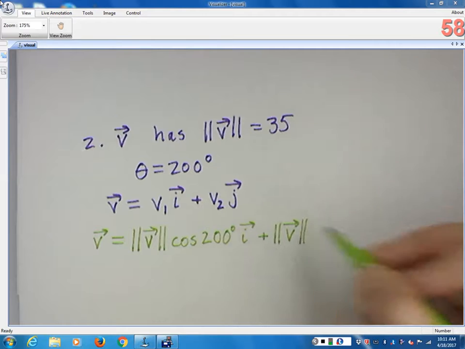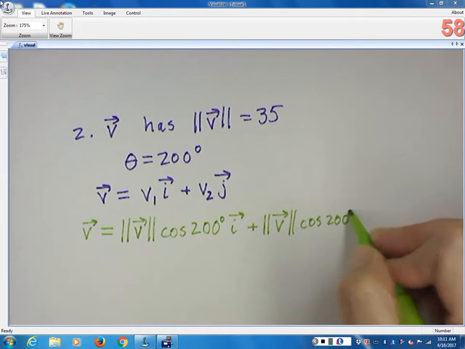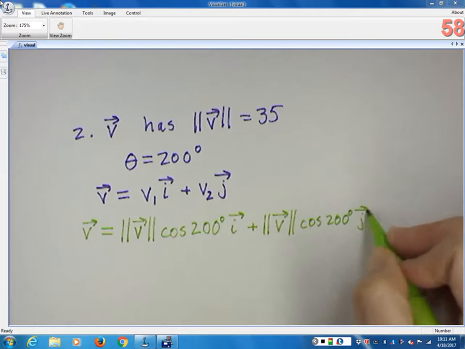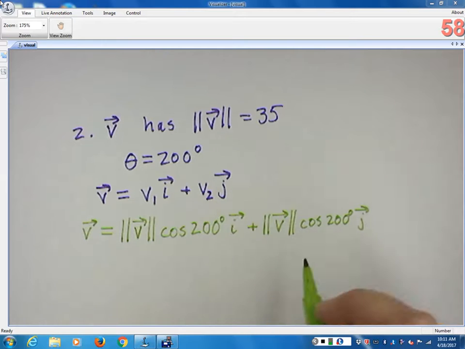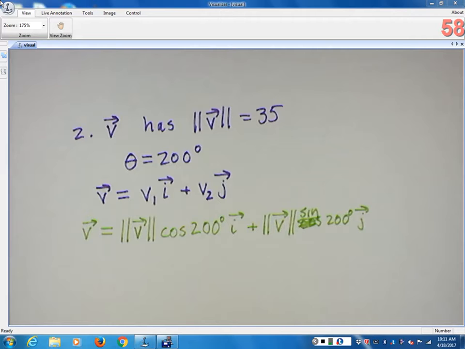I'm already putting in the angle. You've got to draw and make sure you get sine. You're going to use that formula for the second one. We just did that. This is not a 30-degree angle, so we're just going to use our calculator to find that cosine and sine.